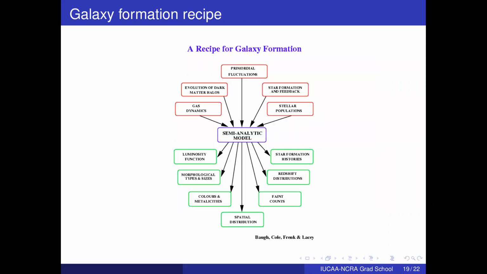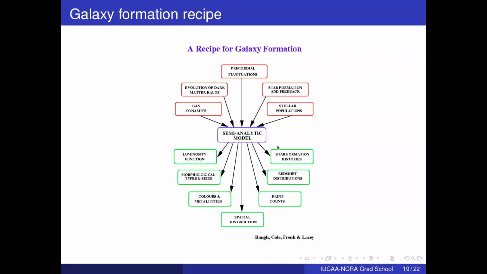So this we've already looked at, but again, this is another view of the same thing. If you know gas dynamics, evolution of dark matter halos, primordial fluctuations, star formation and feedback, and the stellar population, and you have your population synthesis model and your cosmological simulation, then you can add a semi-analytic model and predict all of these things.